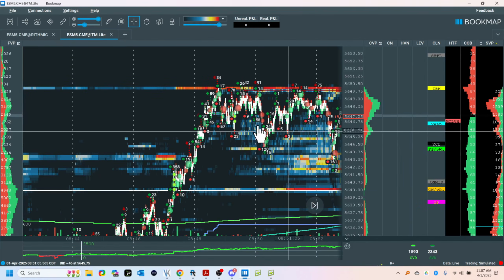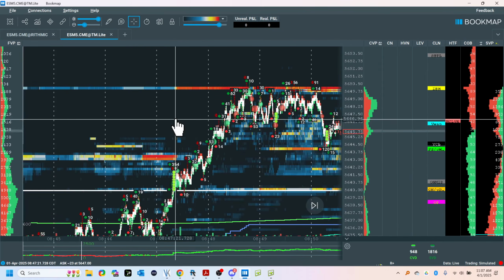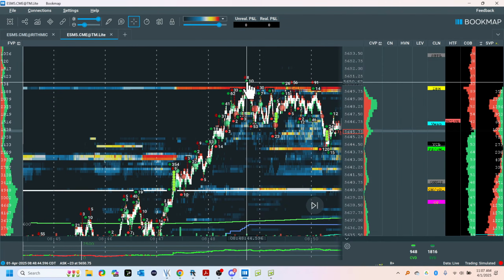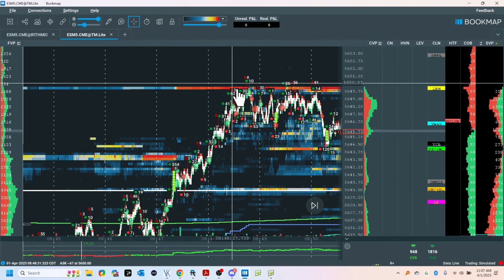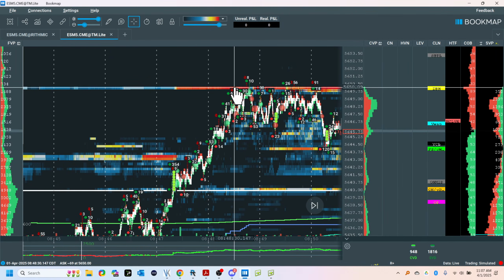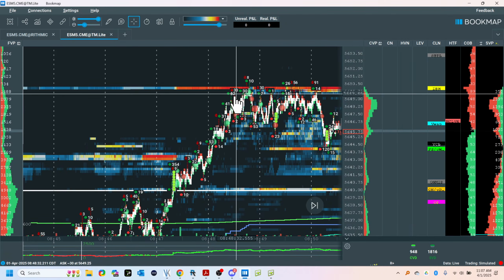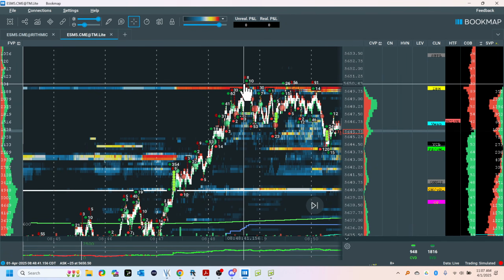Something I find, I'm a minimalist. So if I have something on my chart, it's got to contribute to my process, or else it's out of here, because I don't want conflict. And most developing retail traders think more creates certainty.